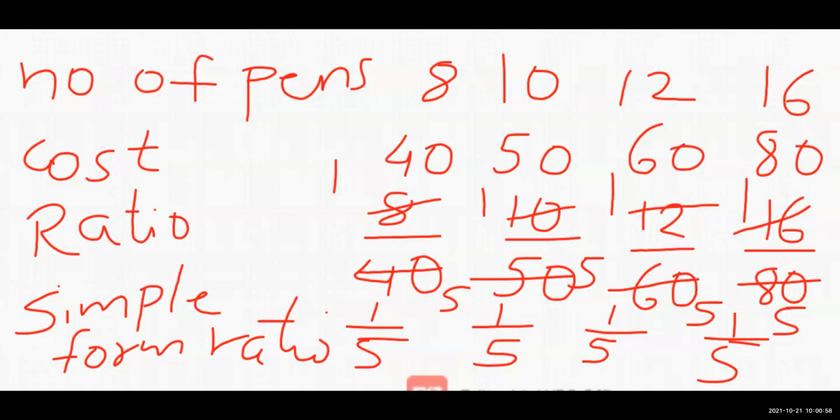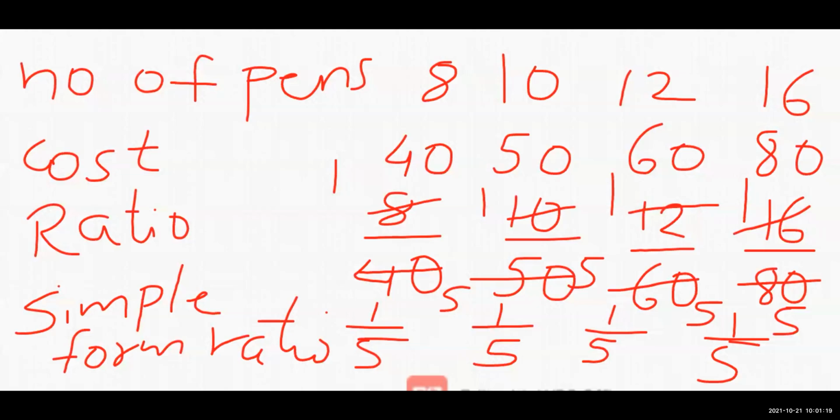So that is called direct proportion. Clear? See here, in this table we see that when the number of pens increases, the cost also increases. If the number of pens decreases, the cost will also decrease. This is the opposite, vice versa.